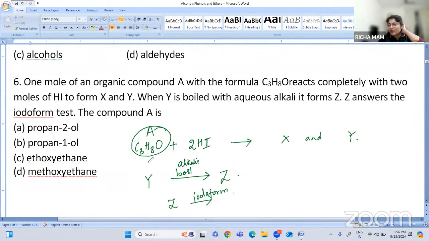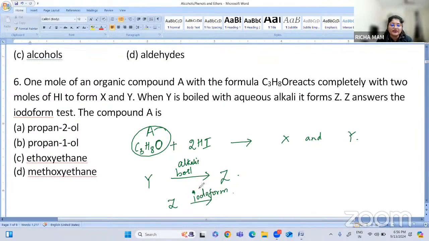So what is A? Let us see. O is there. Can it be an ether? Because the iodoform test is mostly shown by alcohols.